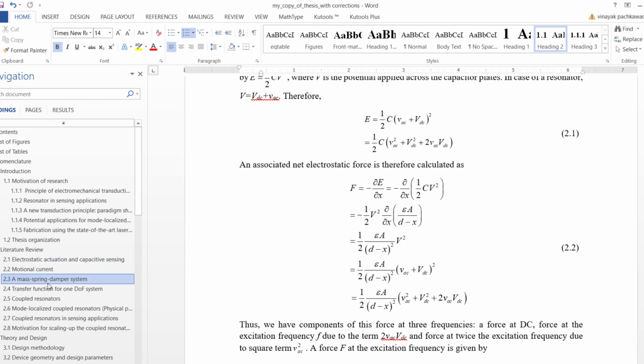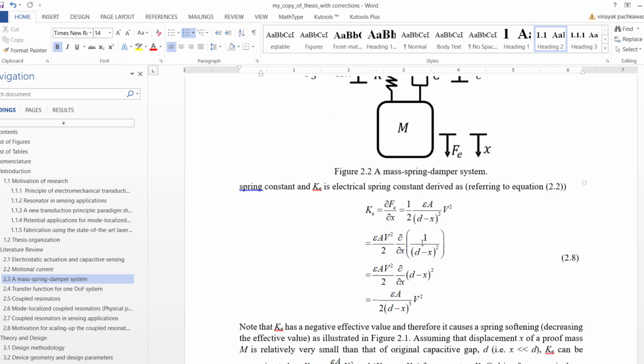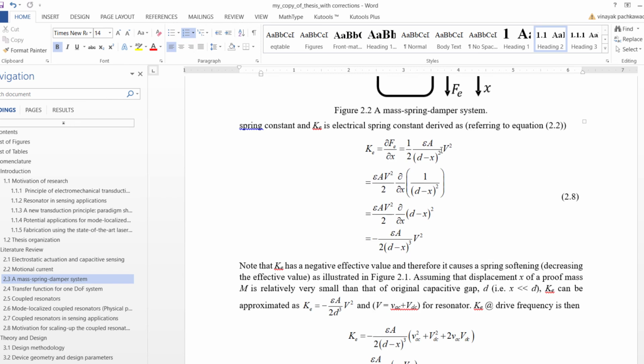So coming back to this one, we differentiate this, so this becomes epsilon A into V square over 2, d/dx of 1 over (d minus x) whole square. So it's a simple differentiation.